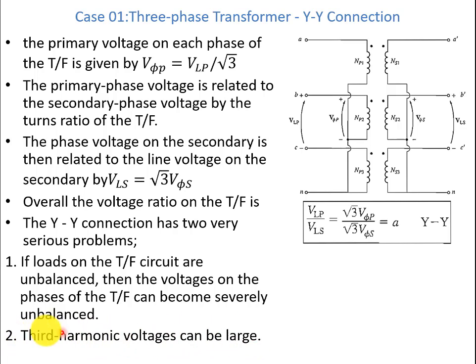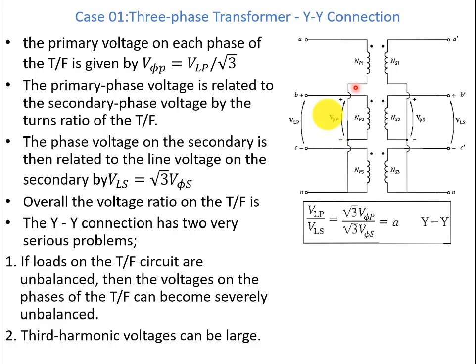Harmonics, you have studied in signals and systems, that any signal can be represented as a sum of an infinite series of sine waves, which is called the Fourier series. The Fourier series tells us how many harmonics and their amplitudes exist in any signal. So we are looking here at the third harmonic voltage.